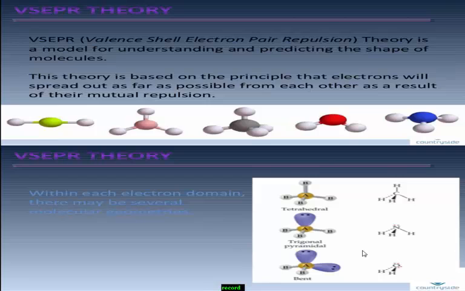One point to remember in the postulates of VSEPR theory, students: the repulsive forces between the electron pairs decrease in the order of lone pair-lone pair repulsion greater than lone pair-bond pair, greater than bond pair-bond pair. In the presence of lone pair electrons, distortion is caused by the repulsive force in the geometry of the molecule.